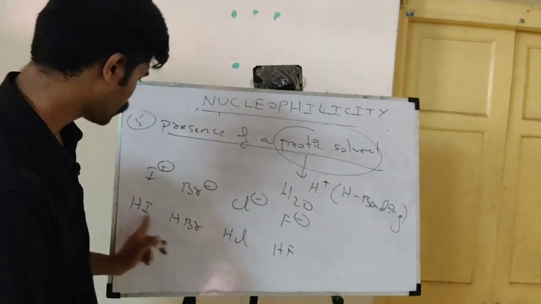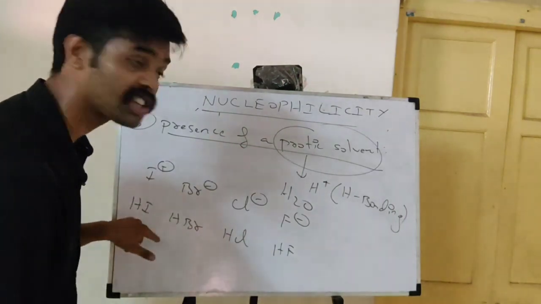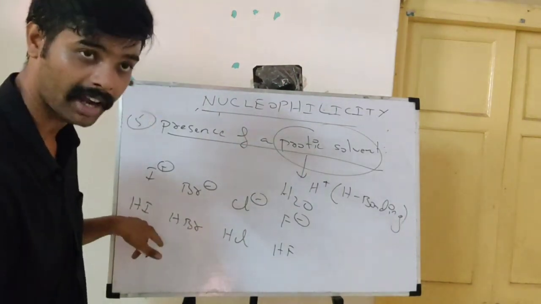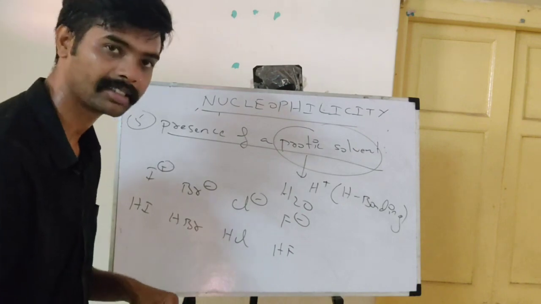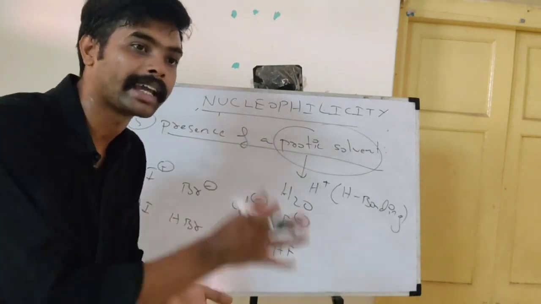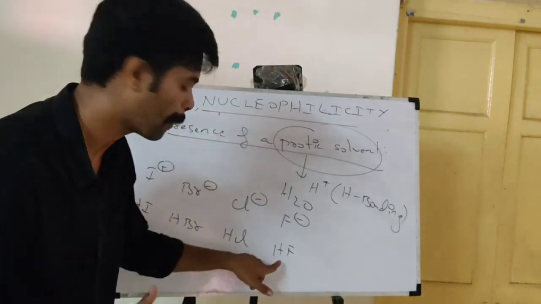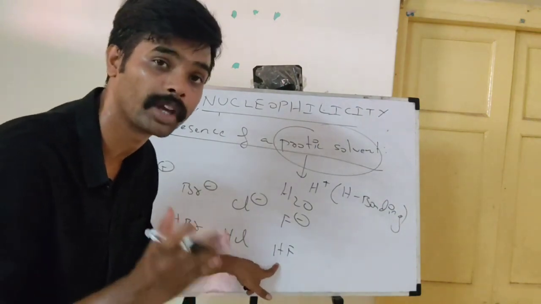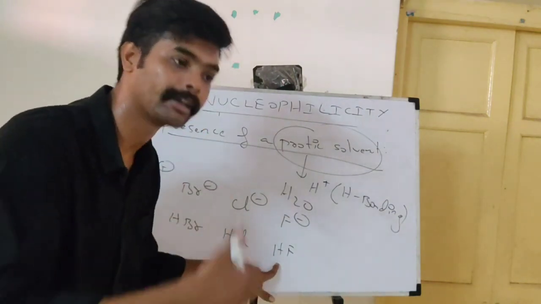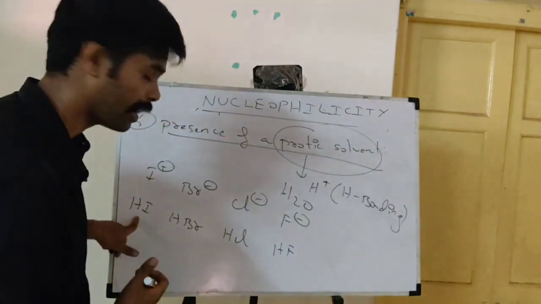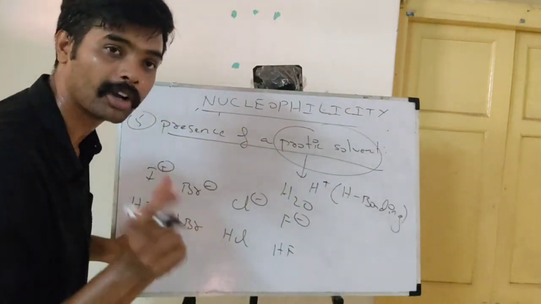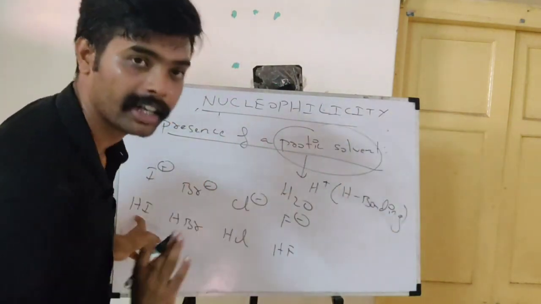Cool. Okay. So out of all this, definitely I know HI is the strongest acid. Now again, the reason is that I will be able to break the HI bond very easily compared to the HF bond. The HF bond is very, very strong. So breaking it and removing H plus is very difficult, whereas in the case of HI, it's very easy because the bond is very, very weak. So H plus can come out easily.